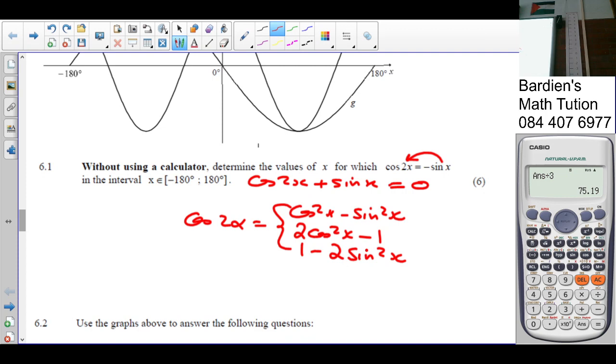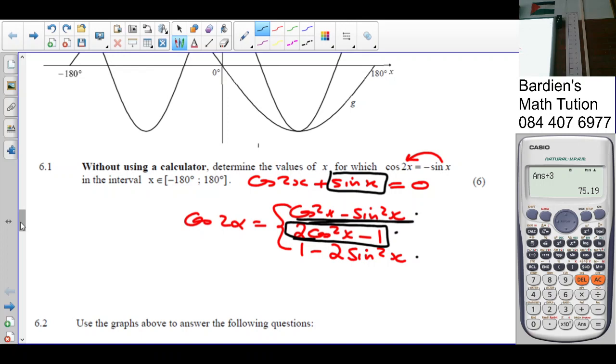But you say, okay, here is a sine here. Can you see that? If I write cos squared x minus sin squared x, it's not going to help, because I wouldn't be able to factorize or simplify it. You could actually choose any one of these 3. Any 3 will work.